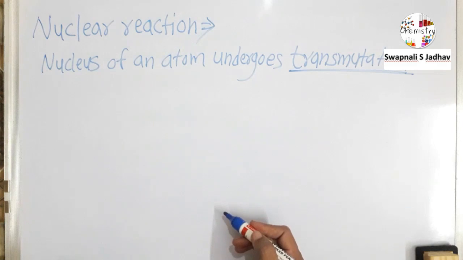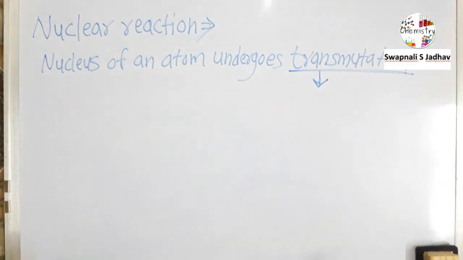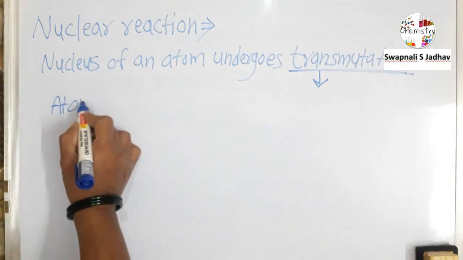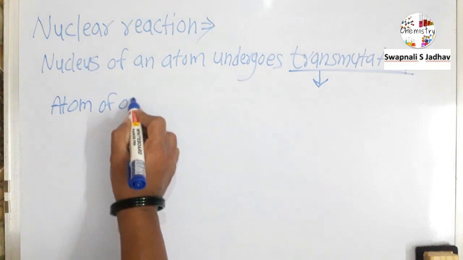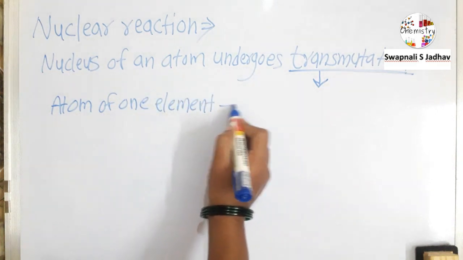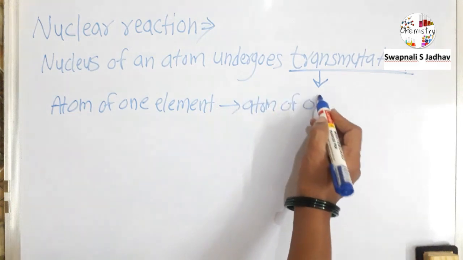What is meant by transmutation? The definition of transmutation is the process in which an atom of one element is converted into an atom of another element.